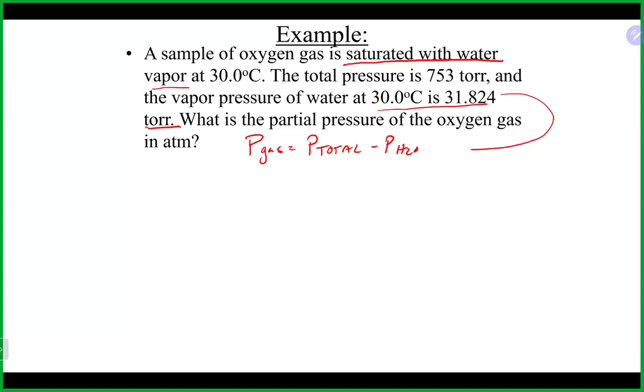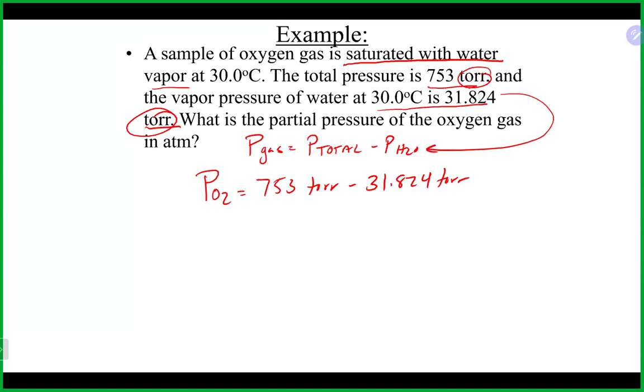So we do have this value, and we do have the total pressure here. In this particular case, both the total pressure and the vapor pressure of water are in the same units. So the partial pressure of oxygen, which is the gas we're interested in, would be our 753 torr minus our 31.824 torr.